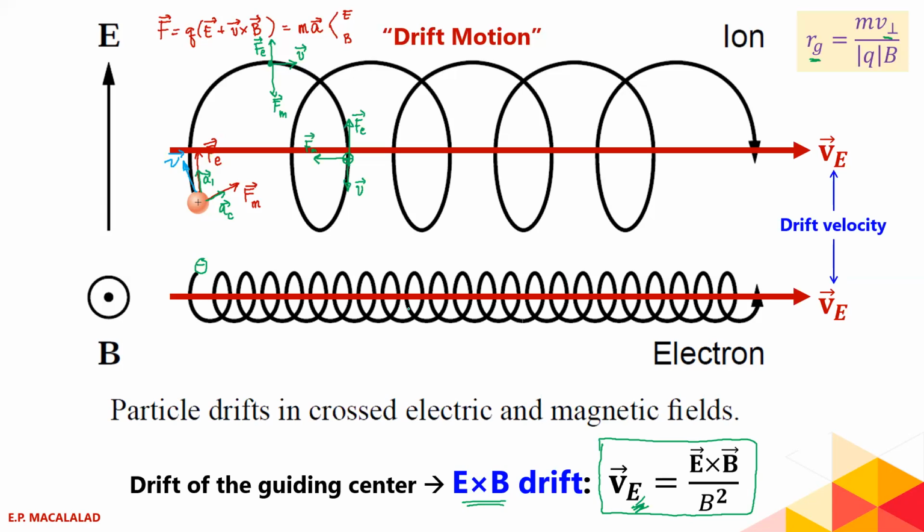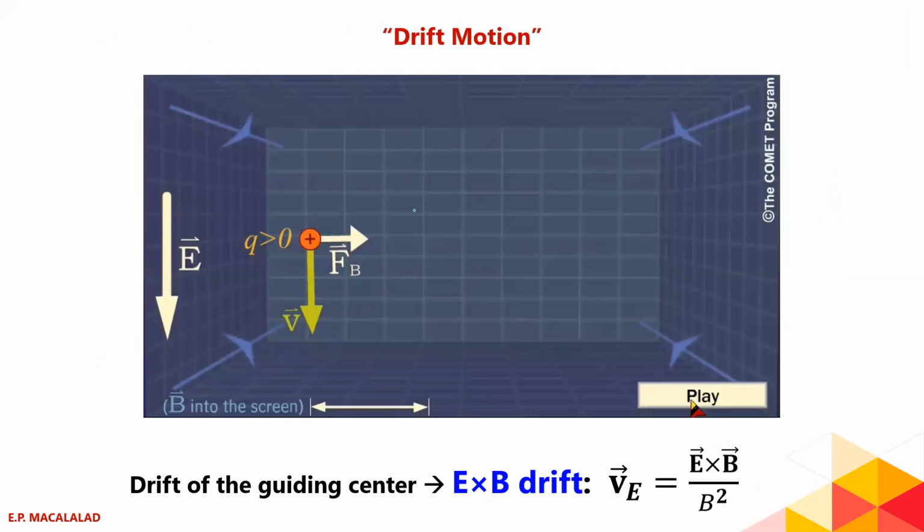Now, just to give you a further visualization, I prepared here a video demonstration. In this case, the direction of the magnetic field is into the page. You will notice in this direction, and the electric field is downward. The velocity is downward, and the charge is positive.